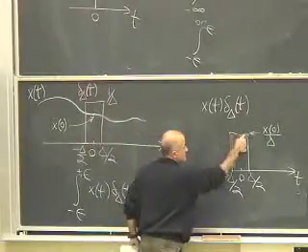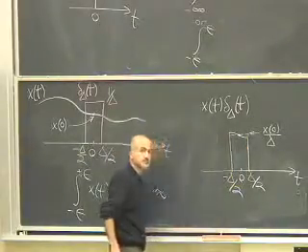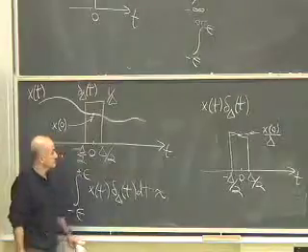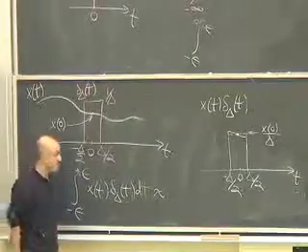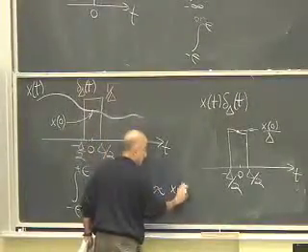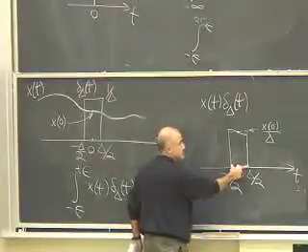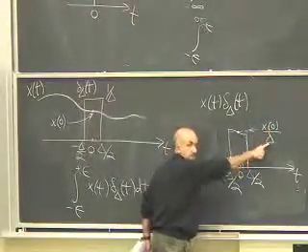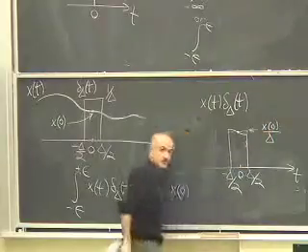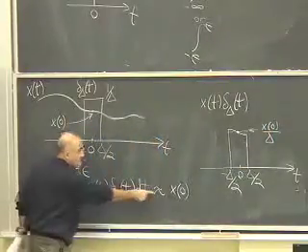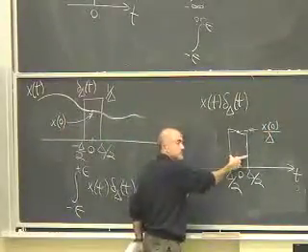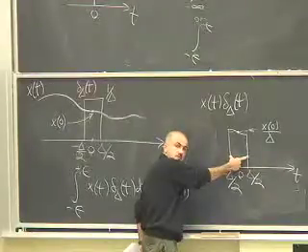What's the area of this rectangle? X of 0, because the width is delta times x of 0 over delta. The delta is canceling, you're left with x of 0. Okay, so this is an approximation as long as this strip has non-zero width.